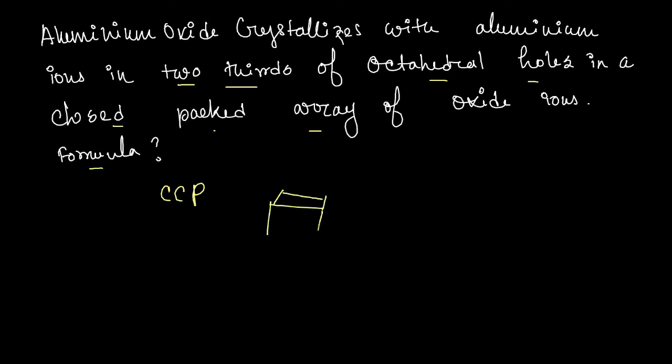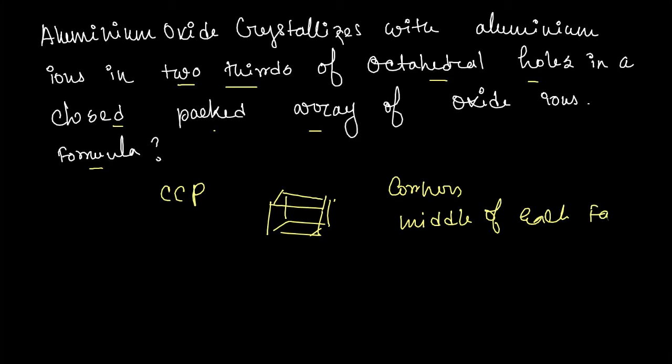In cubic close packing structure, oxide ions will be at the corners and at the middle of each face. Another thing we have to know is that the total number of anions is equal to the number of octahedral holes.